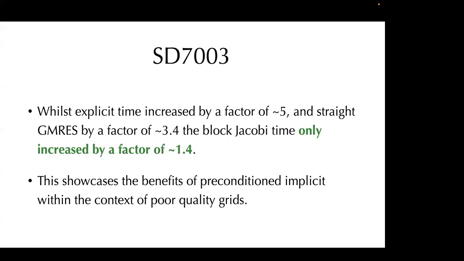Indeed, while explicit time stepping got about a factor of 5 slower, GMRES got about a factor of 3.4 slower, the block Jacobi preconditioning only got about 1.4 times slower. And this really does show the benefits of preconditioned implicit within the context of poor quality grids.